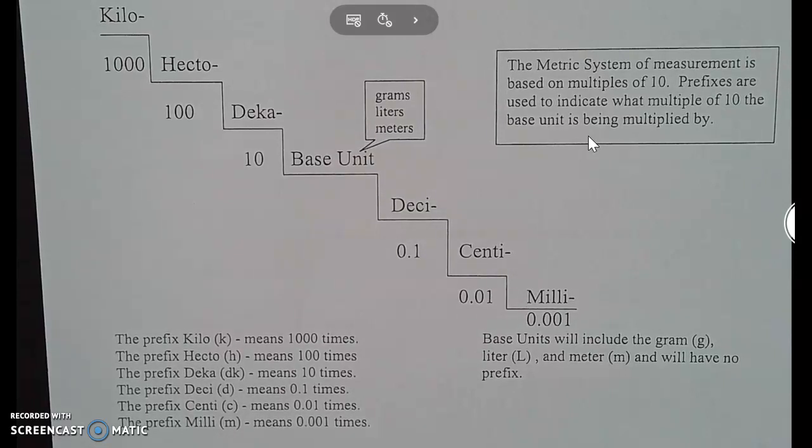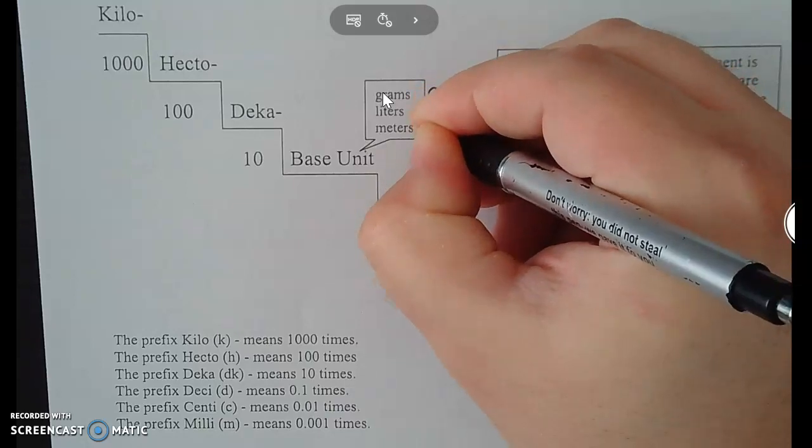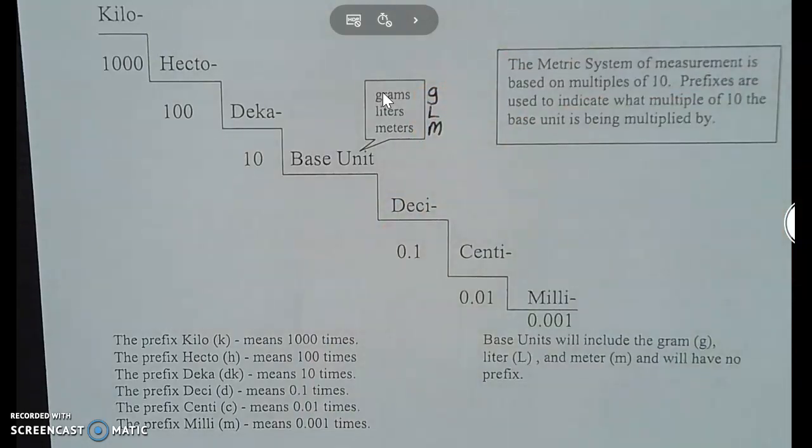So we have what's called base units, which are these units right here. We call these base because this would count as 1 because it's the base unit. And for that we use grams, liters, and meters, which respectively would be labeled G for grams, capital L for liters, and lowercase m for meters.